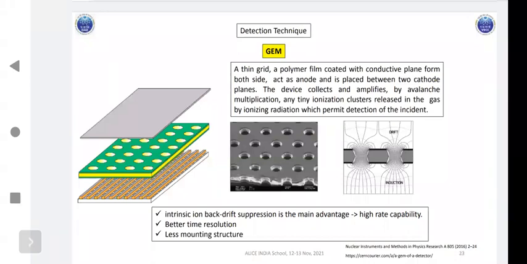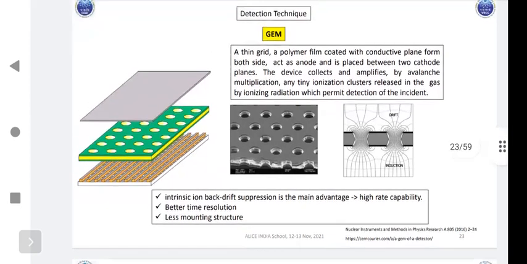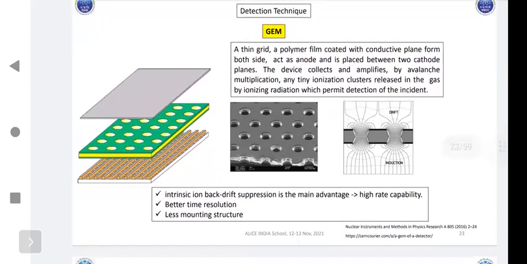When the charged particle enters, it will create a charge, and a tiny cluster will be produced when it passes through these holes, and it will be collected. There is no question of ion backflow and all these things, and it will be really fast. This is the methodology people are adopting in the present upgrade of the ALICE experiment.